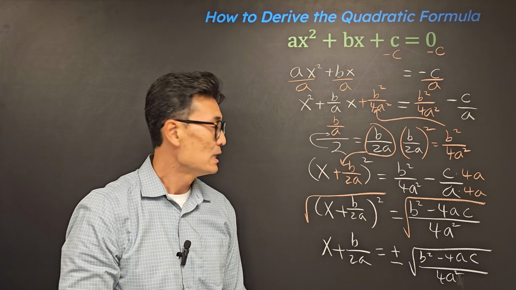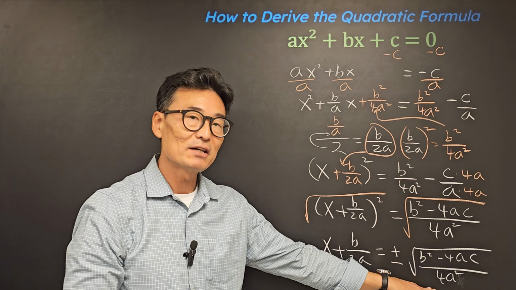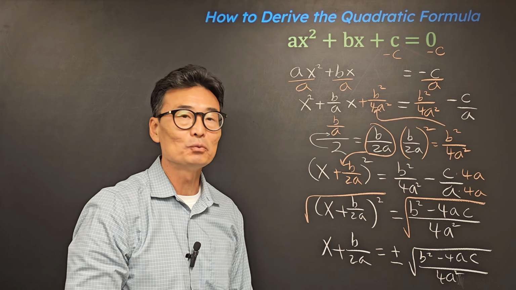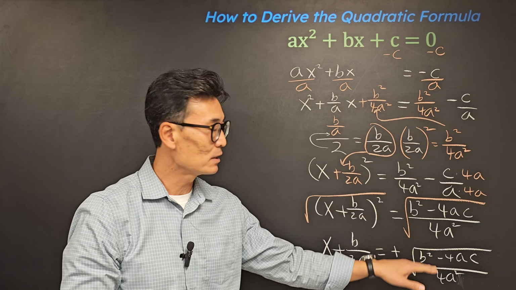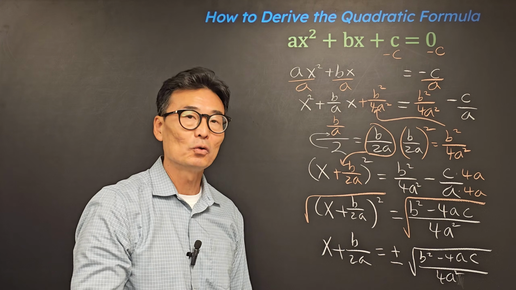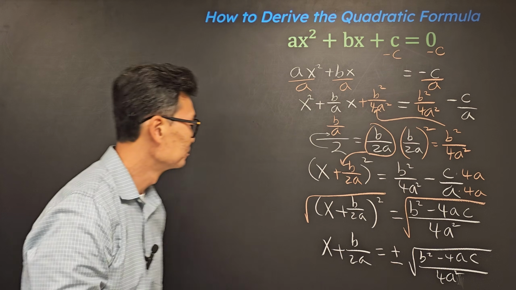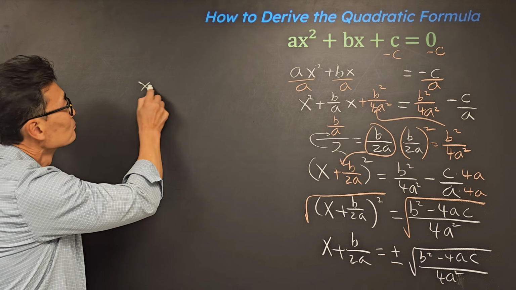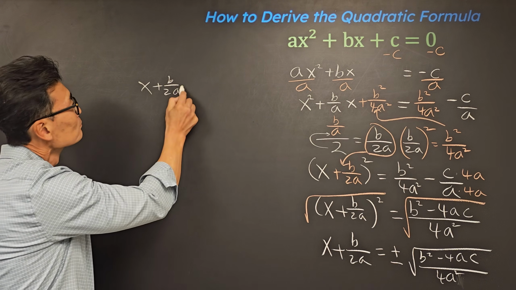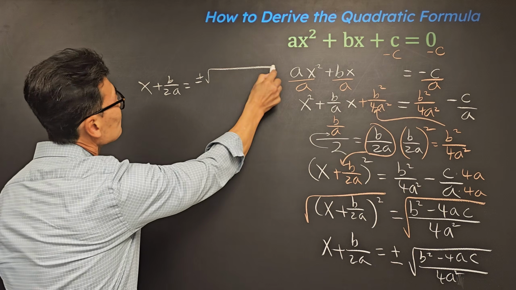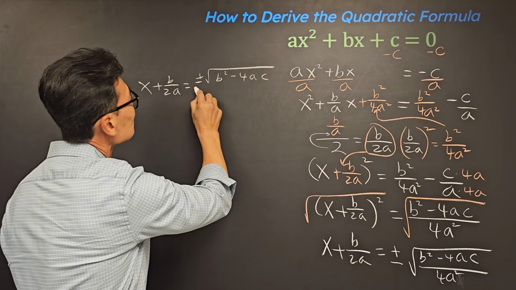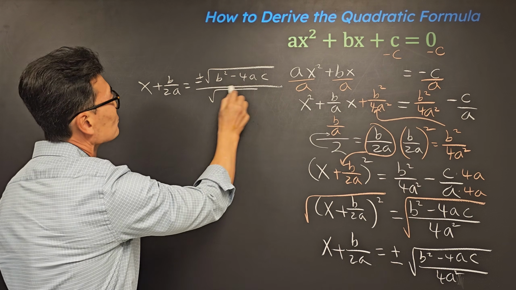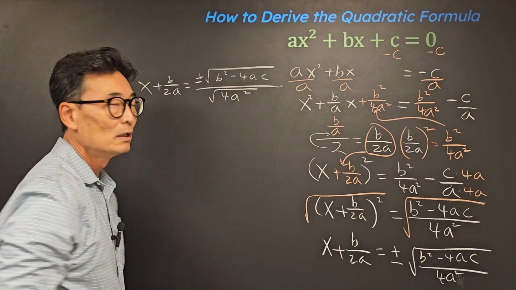Next, in order to simplify that square root, what I like to do is rewrite it so that we have a square root on the top, or the numerator, and another square root for the bottom, or the denominator. Like this.